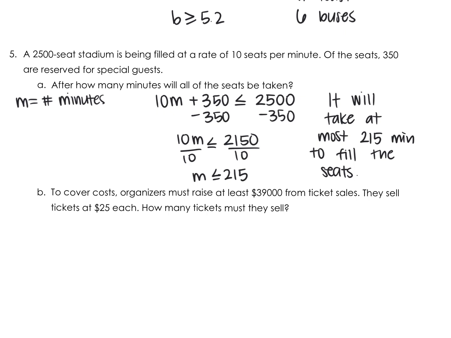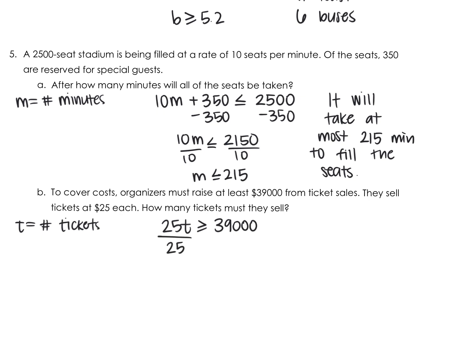Now we're going to take a look, same situation, but now money associated with it. So to cover costs, organizers must raise at least $39,000 from ticket sales. They sell tickets at $25 each. How many tickets must they sell? So T is going to represent our number of tickets. So when we set this up, it's $25 a ticket, so 25T has to be greater than or equal to 39,000.